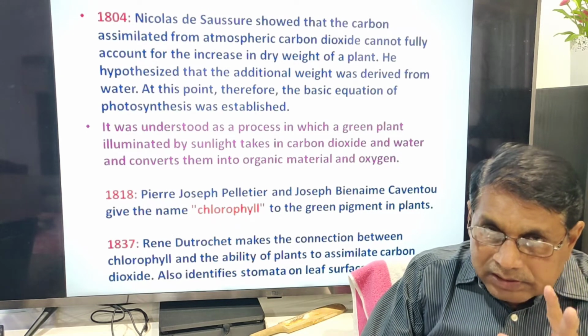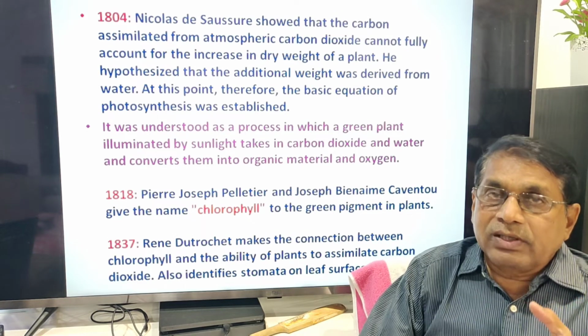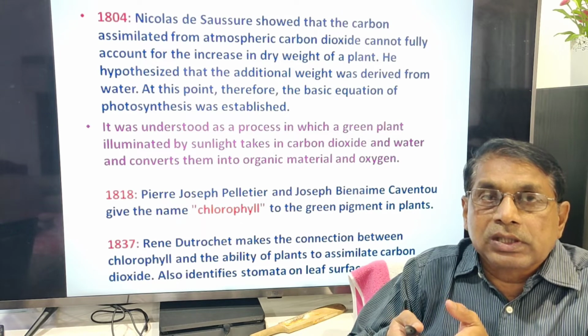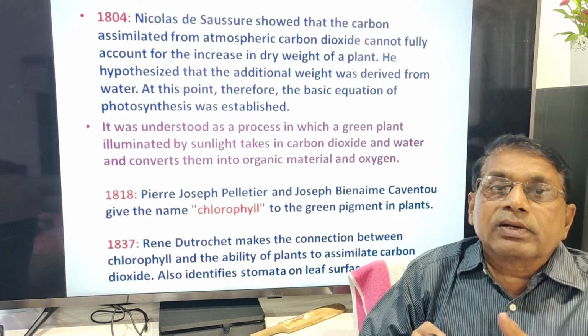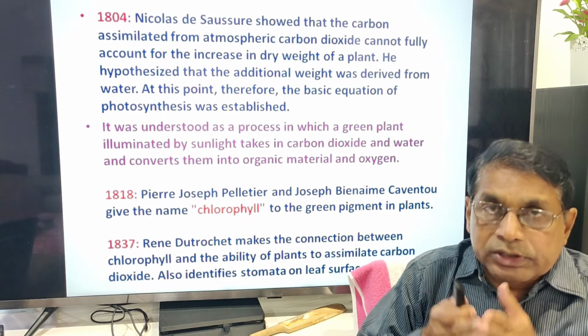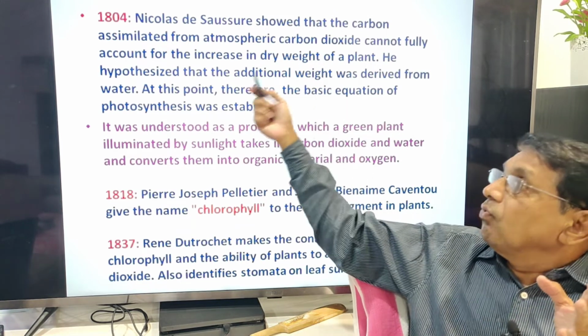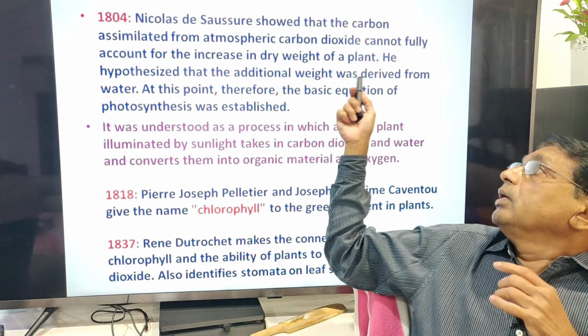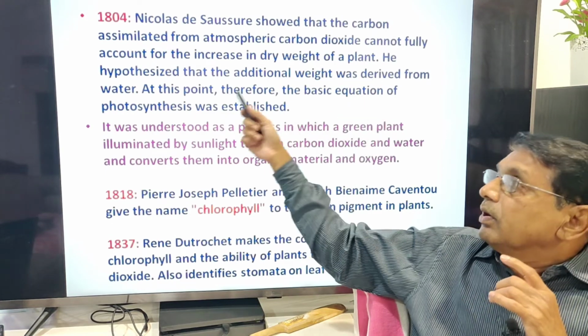But he made some quantitative analysis. Whatever carbohydrates were gained during photosynthesis cannot be accounted for simply by carbon dioxide, but should also be from the water. He hypothesized that the additional weight is derived from water.